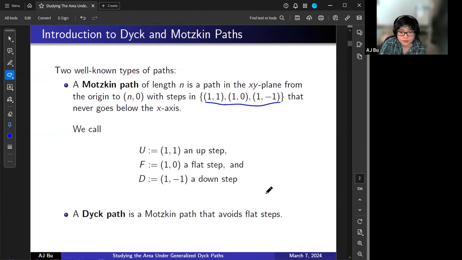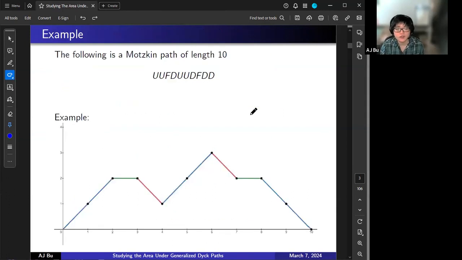The same holds for Dyck paths, except we don't have the flat step. This is an example of a Motzkin path of length 10. It goes up 1, then flat, then down 1, up 1, down 1, flat, down 1, down 1. So that's an example of what a Motzkin path might look like.